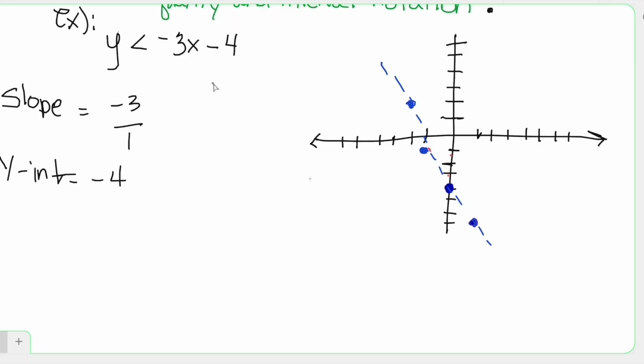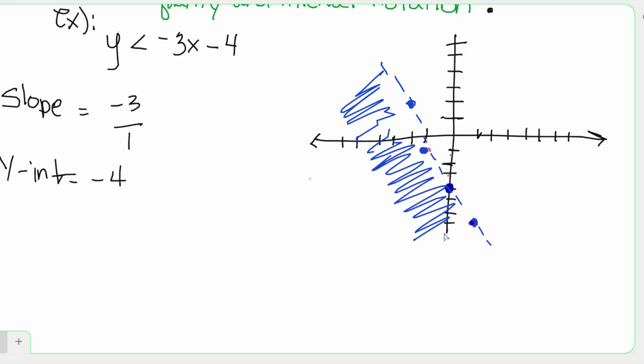So whatever I have for y, the answer must be less than the entire -3x minus 4. So that means it will be below. You will just shade it in below the line.